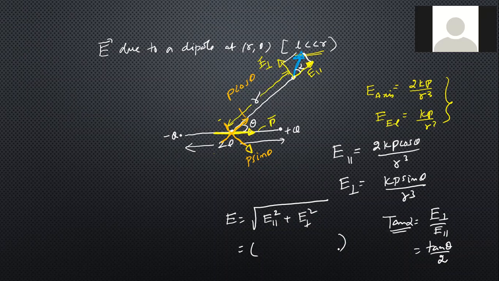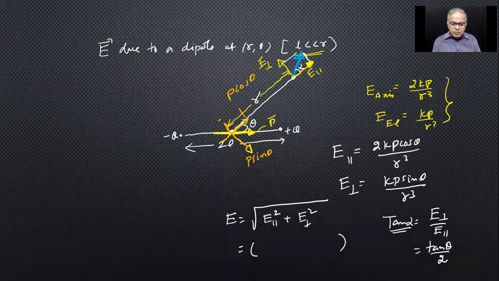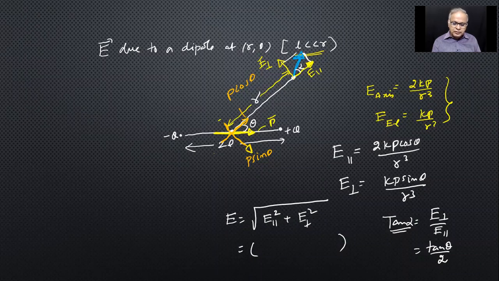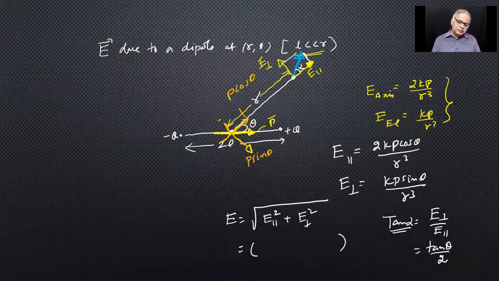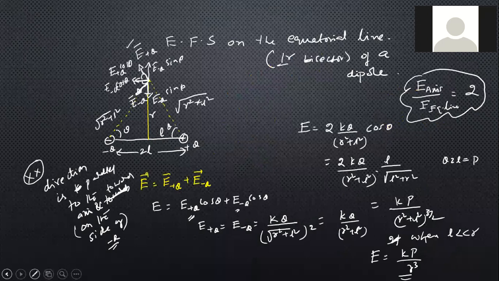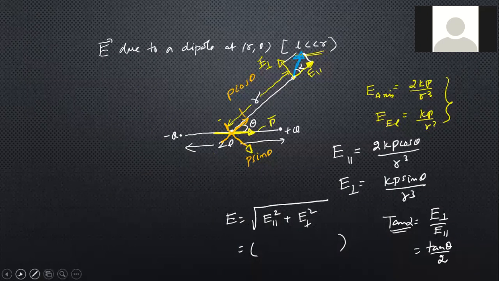Now P is taken as two dipoles, with dipole moment P cos theta and dipole moment P sin theta. So one dipole is on the axis, and the other is on the equatorial line. We applied the old idea, splitting this into two dipoles.